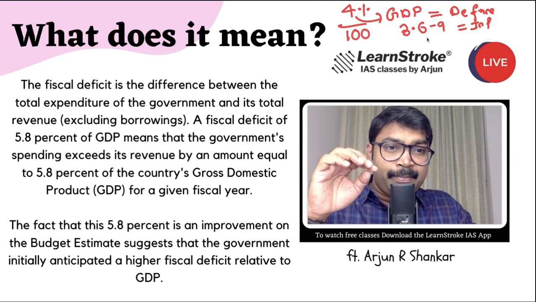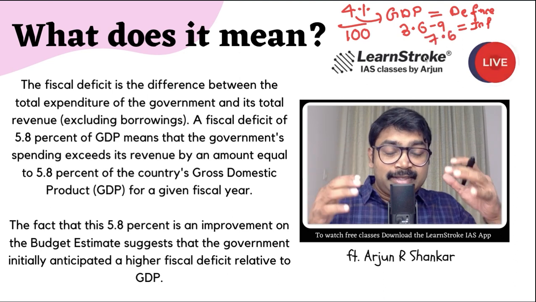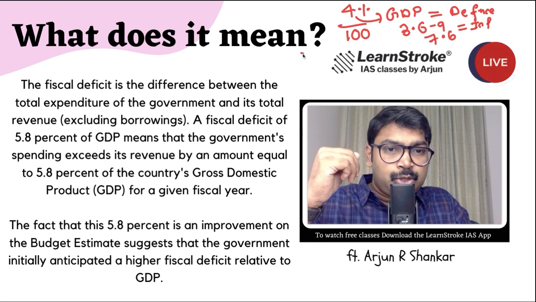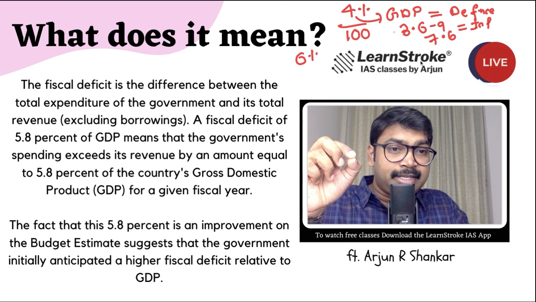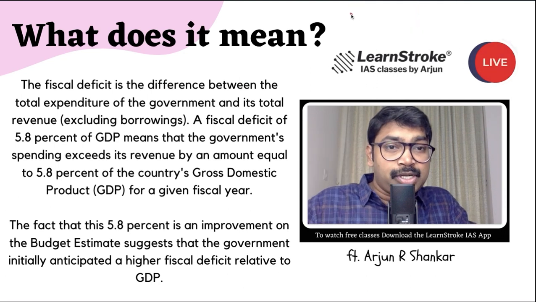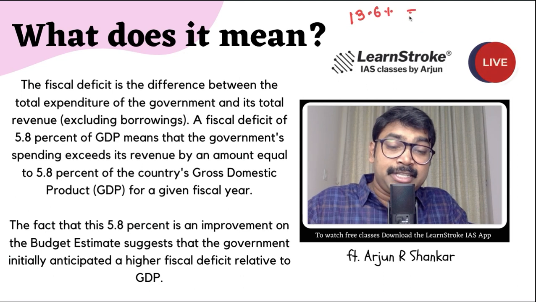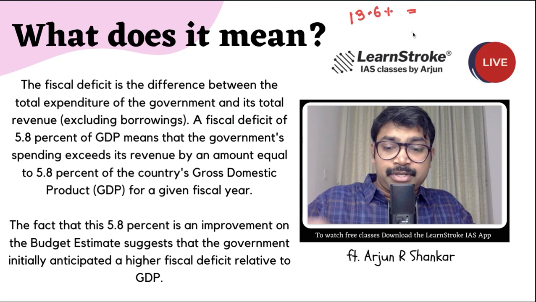So already it is 7.6% out of 100. This is how we calculate. And imagine that a country is spending close to 6% of its GDP for education. So defense is 4, education is 6, that is 10, plus 3.6 for infrastructure is 13.6. So we can clearly conclude that 13.6% of the GDP of the country is spent on education, defense and infrastructure.